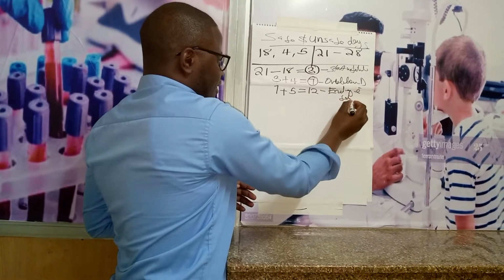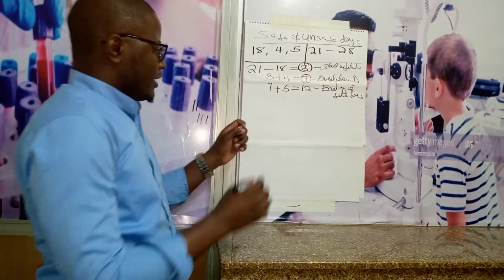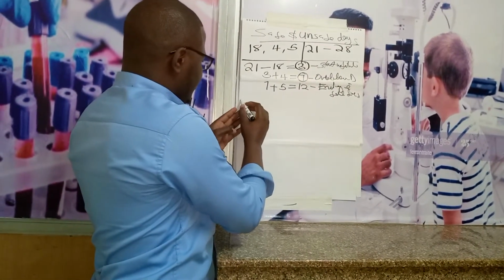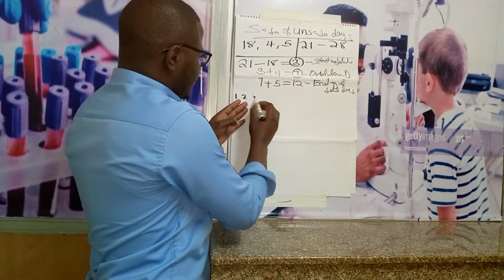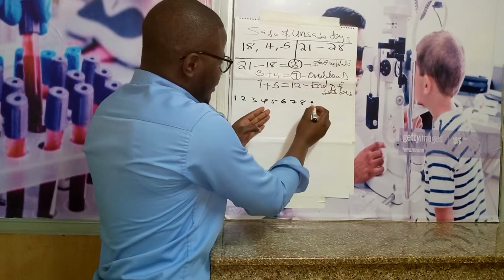Now, taking the month of June calendar that goes from date 1, we have 2, we have 3, all the days that we are counting here.